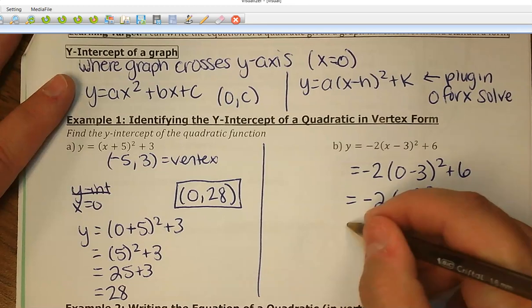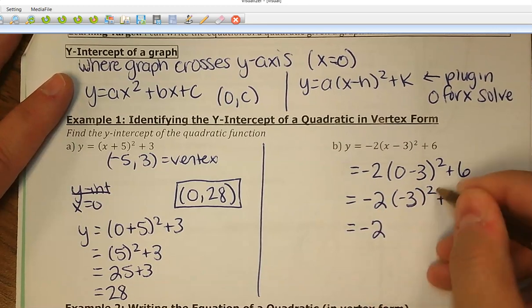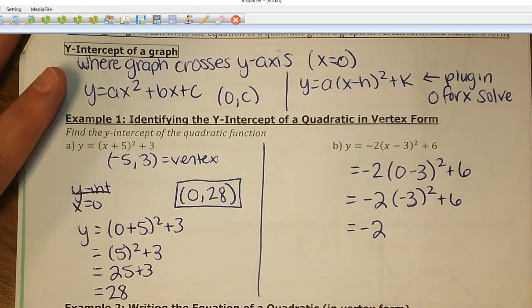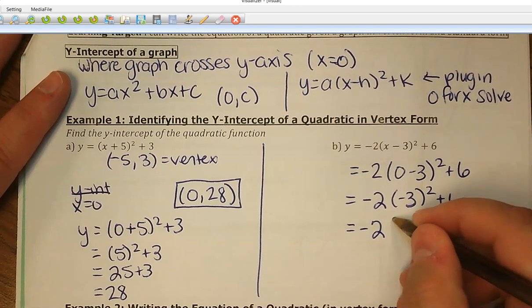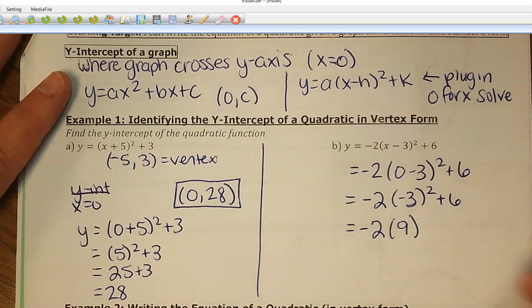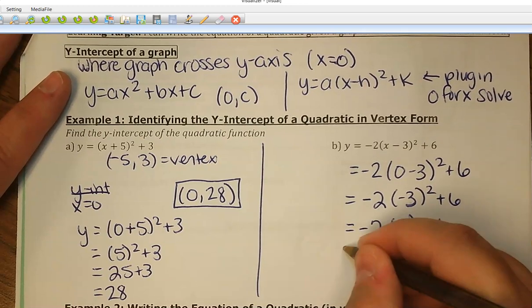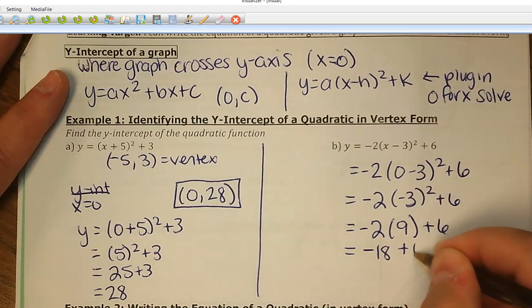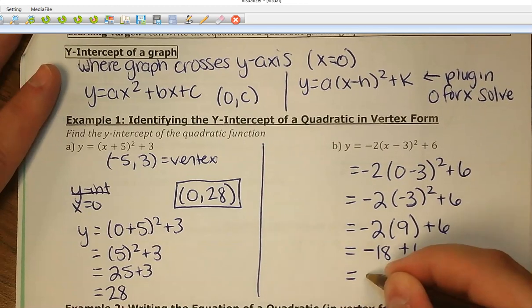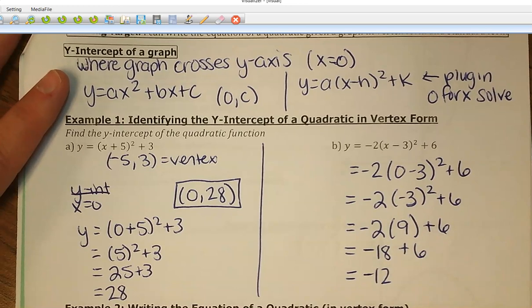So I need to square that negative 3 first. Negative 3 times negative 3 turns into a positive 9, plus 6. Then I do this multiplication, negative 18, bring down that plus 6, and add those together. That gives me a y-intercept of negative 12.